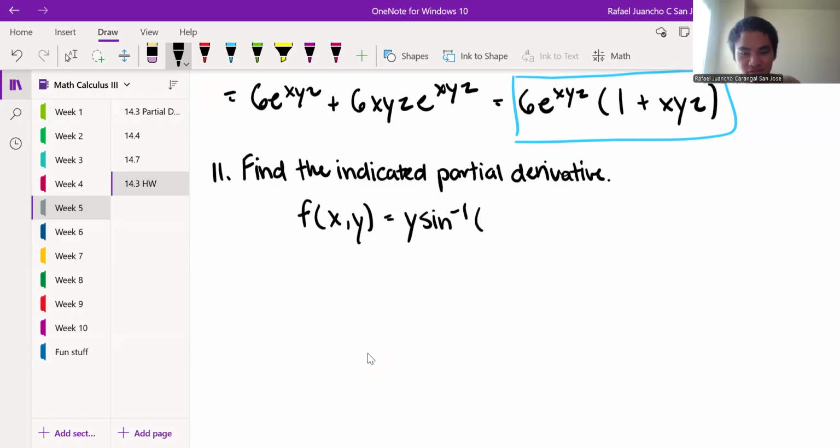So we have an arcsine of xy. Oh, and then we're also given another info. We're saying that f sub y is given at a point, right? And it's asking me to find that partial derivative.